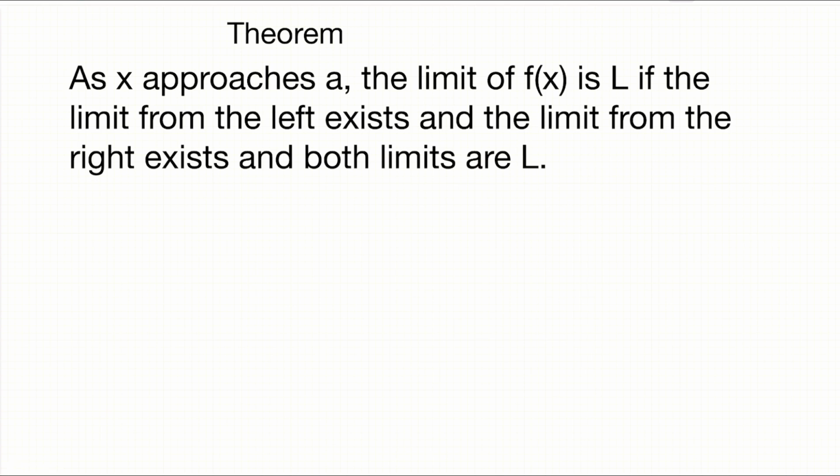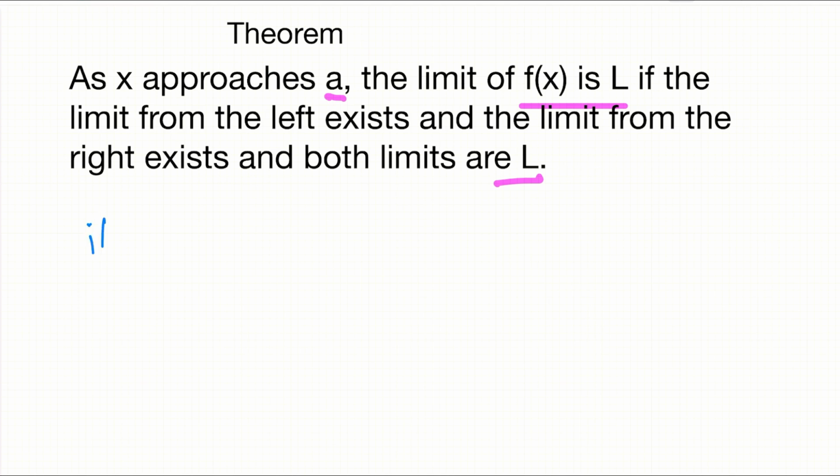So here's our theorem. As x approaches a, the limit of f of x is L, just like what we saw in the very first slide, if the limit from the left exists and the limit from the right exists, and both limits are L. So let's write that out as a formula.